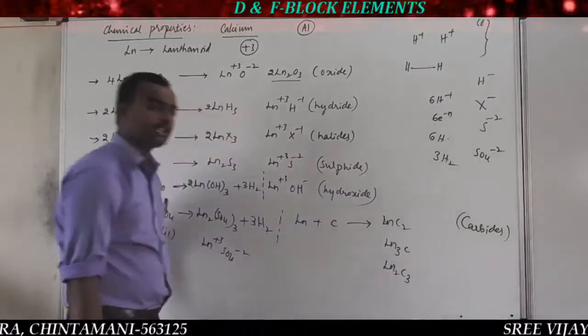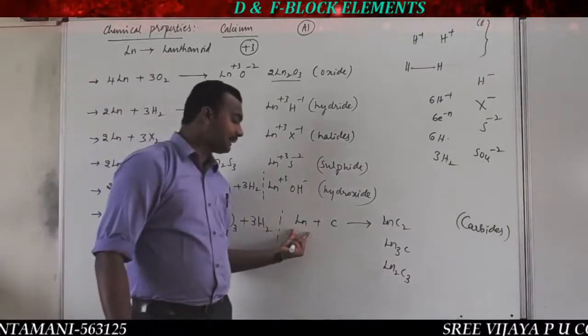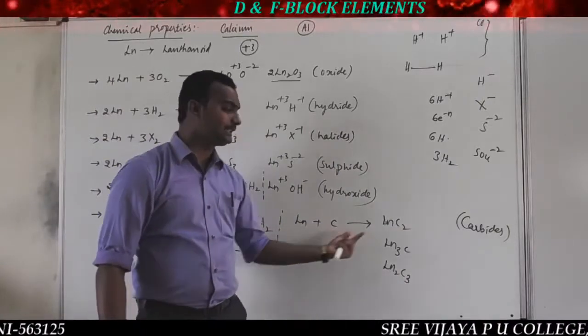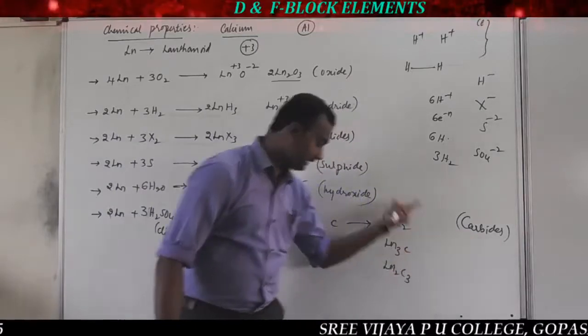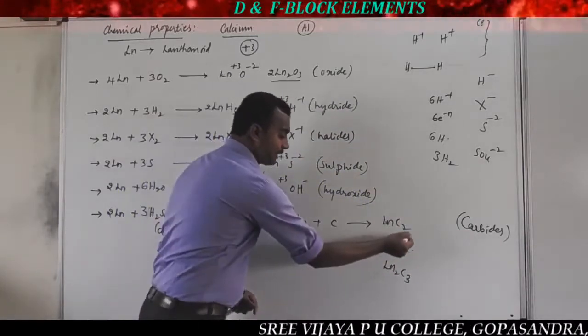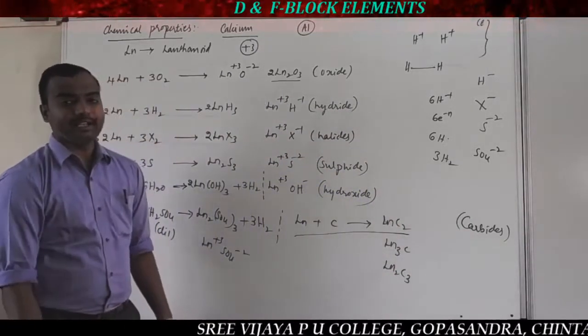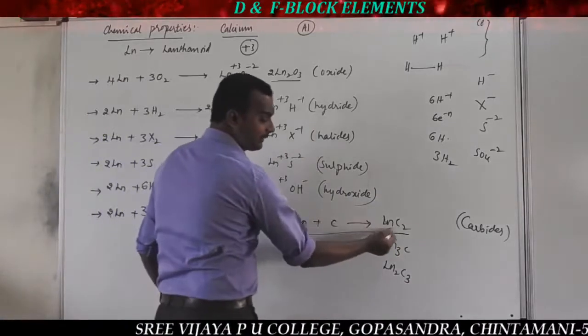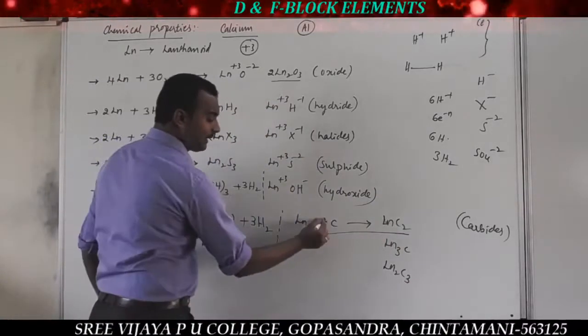So lanthanide reacts with carbon and gives lanthanide carbides of different types, especially LnC2, which needs 2 C.